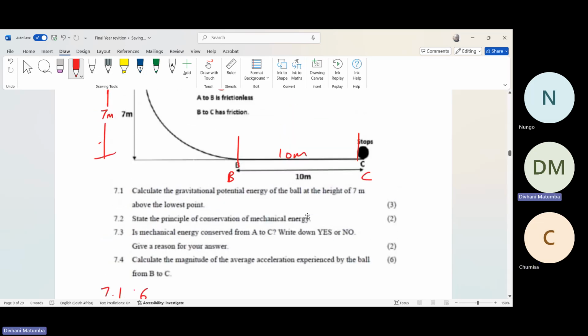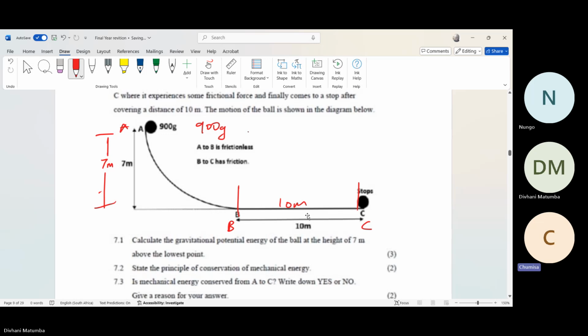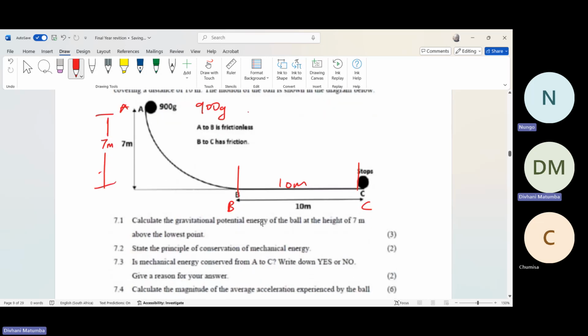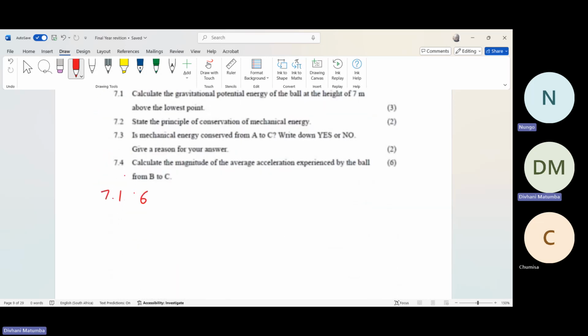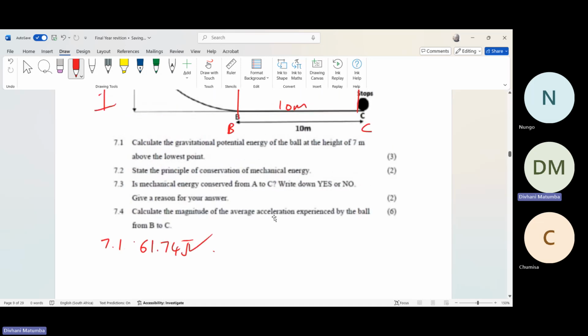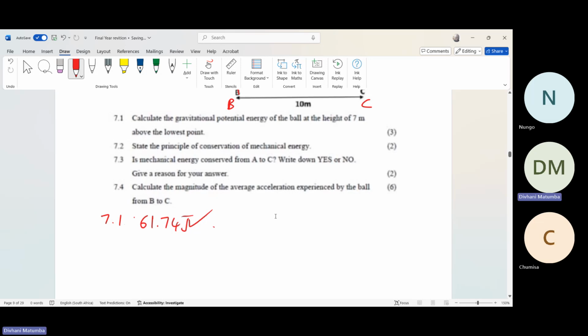Nungo, how much did you get? 61.74. That is correct. It's just mgh and that's it.